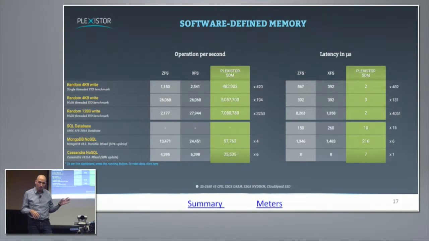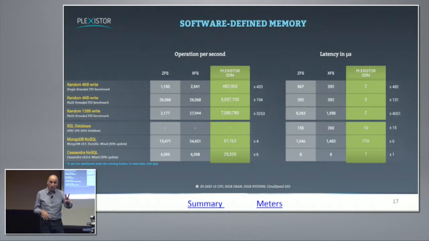And how much NVDIMM would you be using? 32 gigabyte NVDIMM and 32 gigabyte DRAM. That's what Plexistor got. So overall, it's exactly the same capacity. 64 in the case of Plexistor, 64 in the case of ZFS, and that's it. That's the difference.